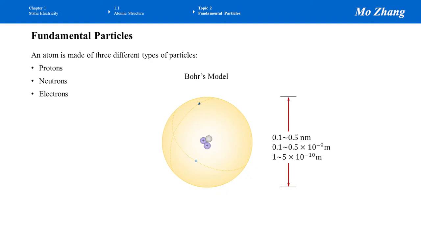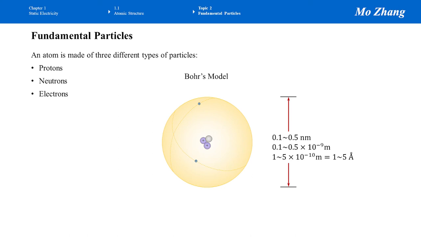We can also say this is in the range from 1 to 5 multiplied by 10 to the power -10 meter. 10 to the power -10 meter is called 1 angstrom. The symbol is an A, and on the top of the A there is a small circle. Scientists who study things in the small world, such as quantum mechanics or nuclear physics, use these symbols a lot.